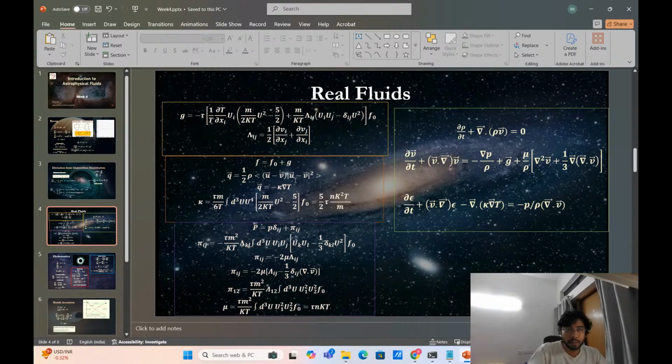Now, if you remember, what are the consequences of this G being non-zero in this case? Here we are getting 5 by 2, but in the derivation it is 3 by 2. Yeah, you are right, we will actually get 5 by 2. I forgot to mention this.